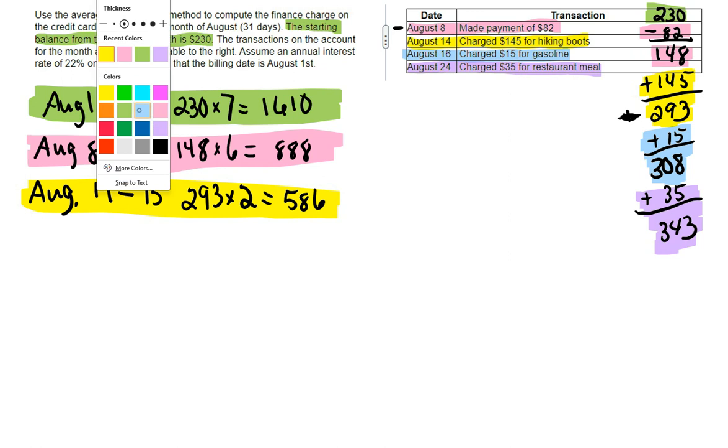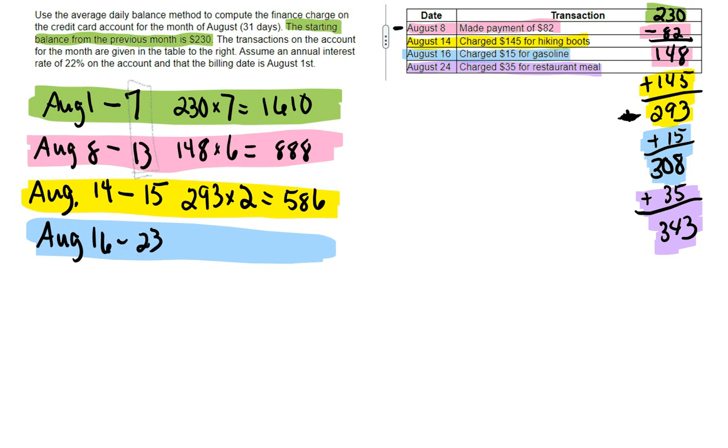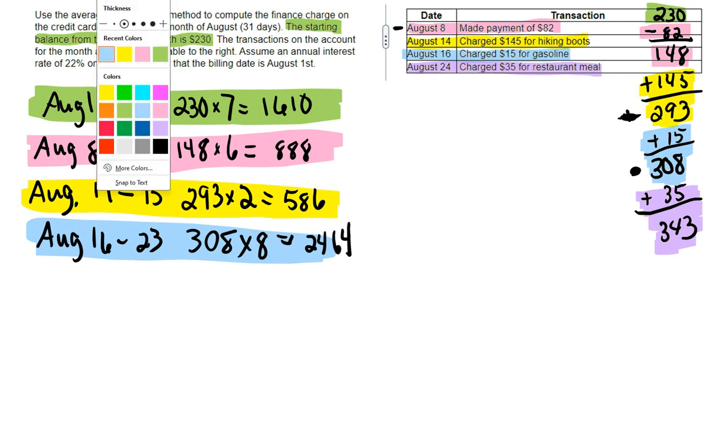Then the blue, on August 16th, we made another change. And from the 16th until the 23rd, the balance is right here, 308, and 16 to 23 is 8 days. And I multiply that, I get 2,464.